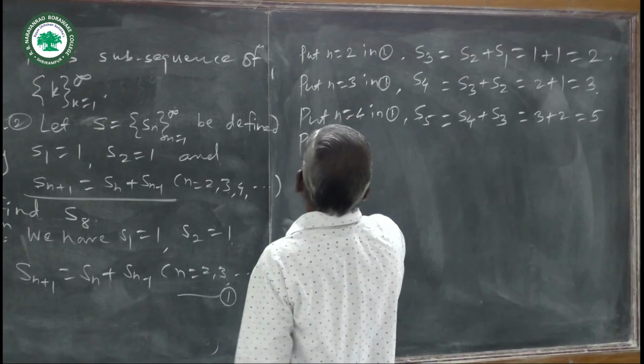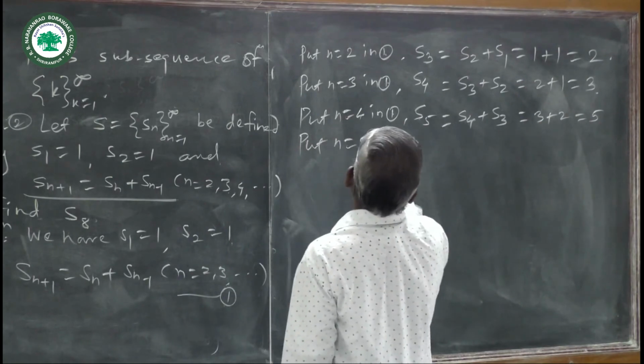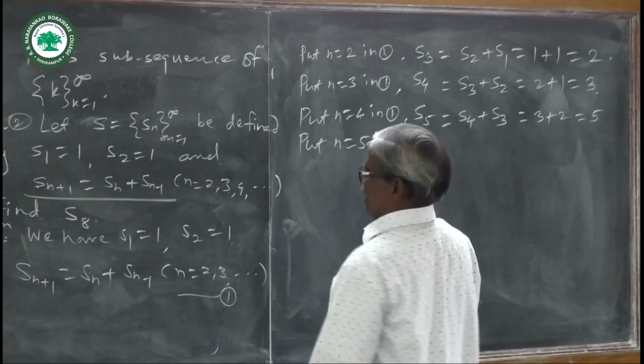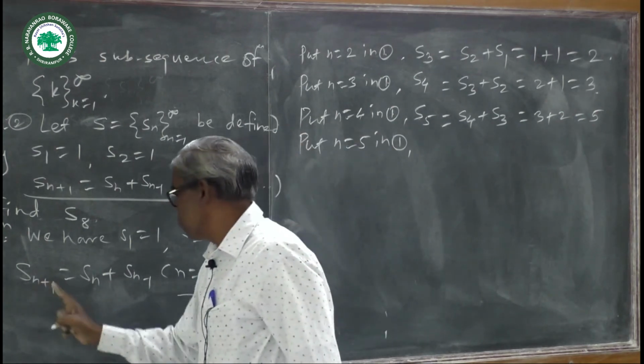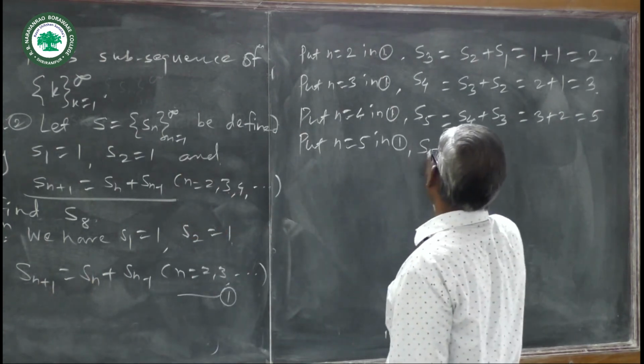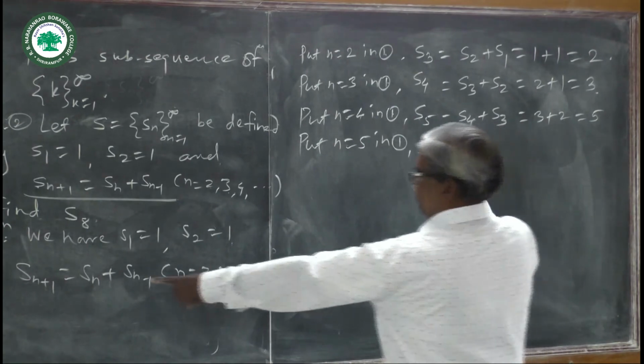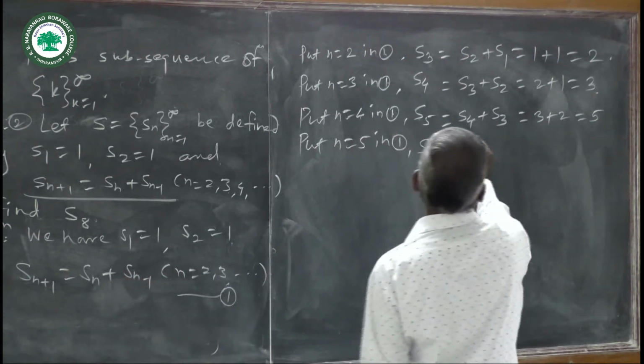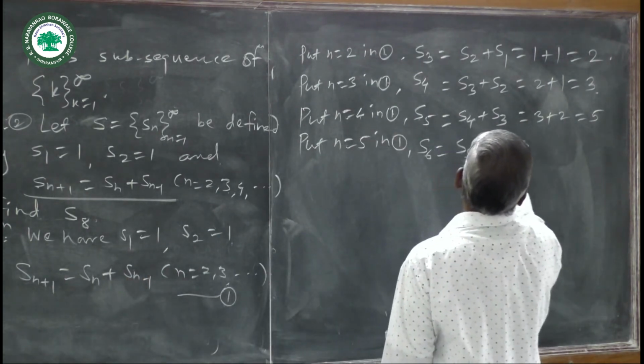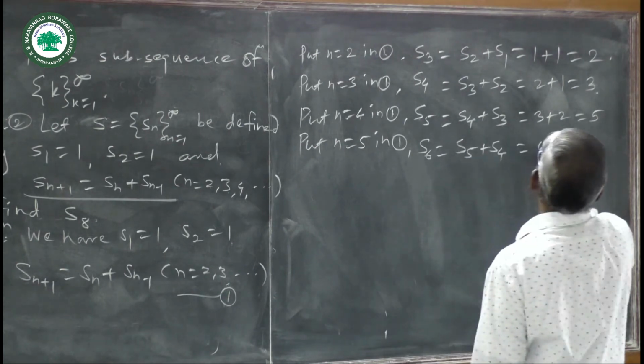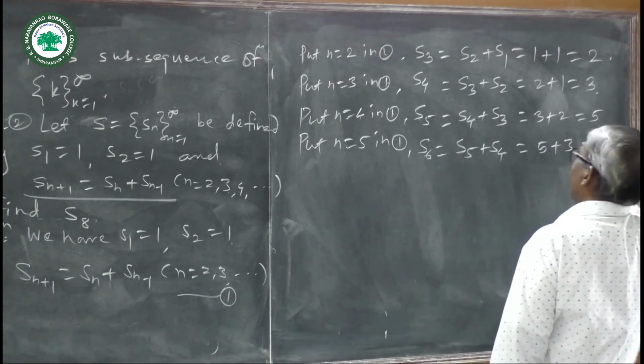Again put n is equal to 5 in 1. 5 plus 1 is 6, S6 is equal to S5 plus S4, which is equal to 5 plus 3, it becomes 8.